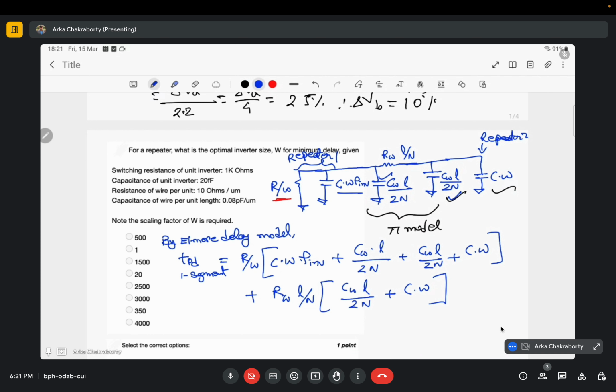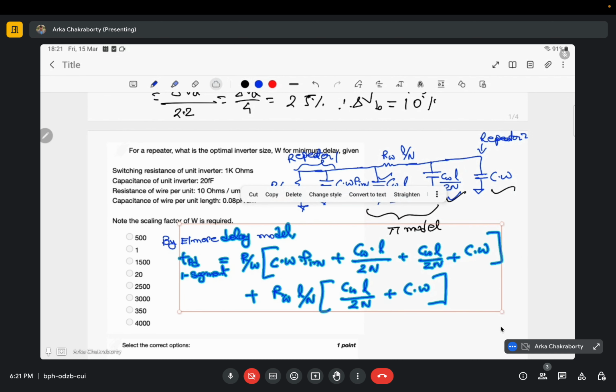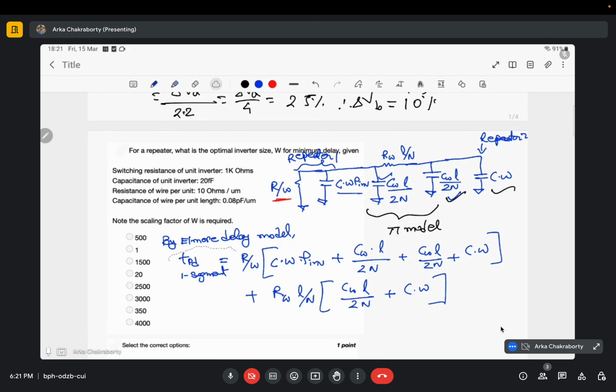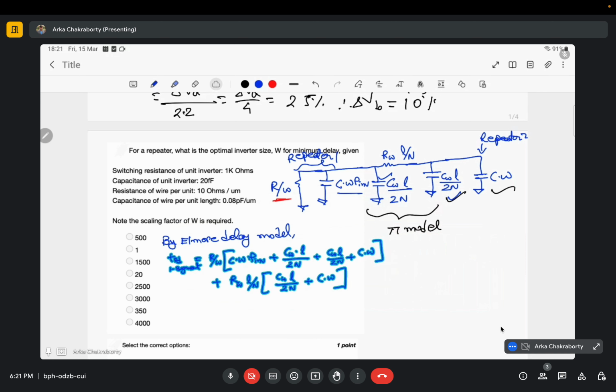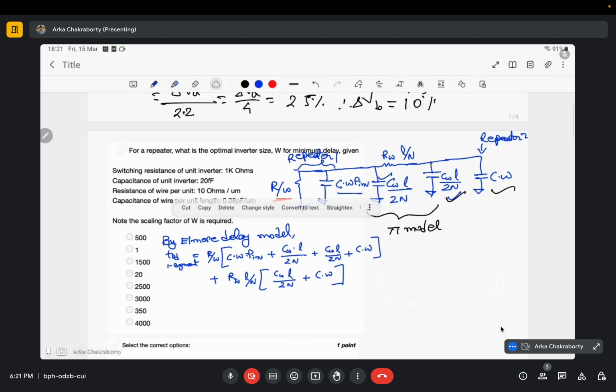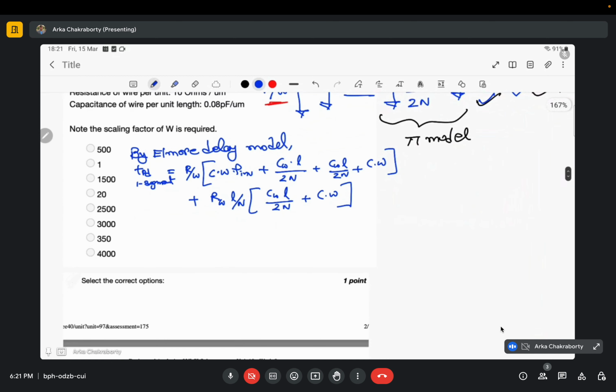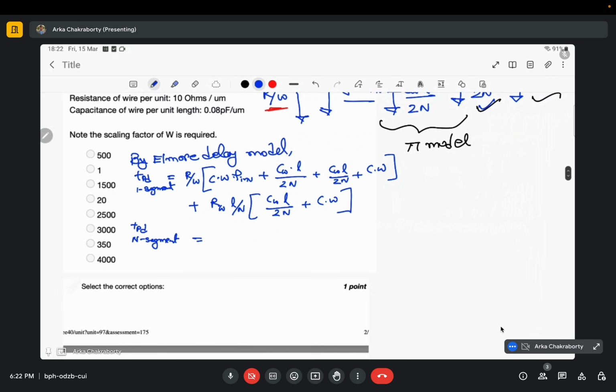Now this propagation delay is for one segment. For n such segments, n would be multiplied here, right?